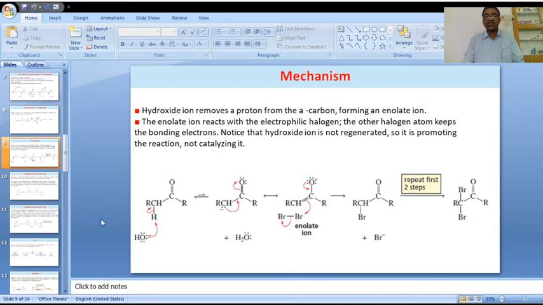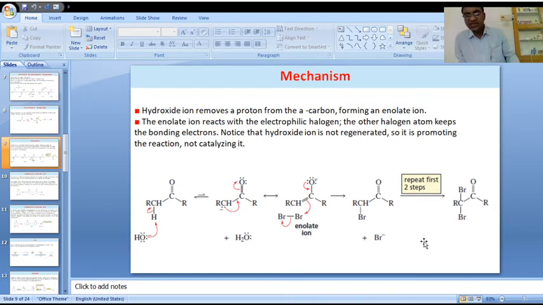Only the OH minus is consumed in the first step. That hydroxide ion is not regenerated in the various steps. There is no regeneration of this hydroxide ion.